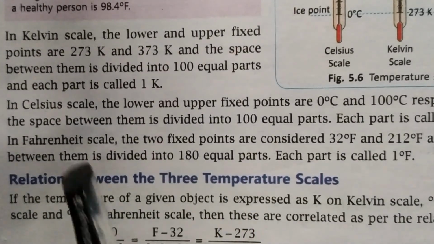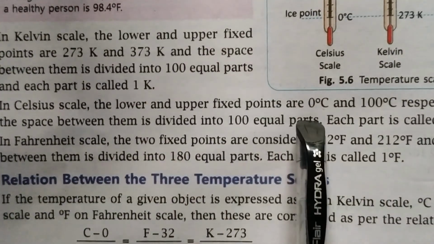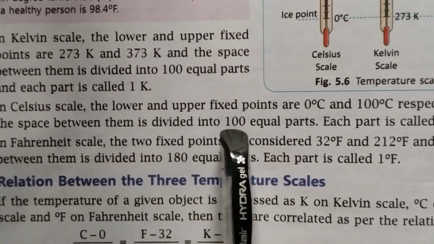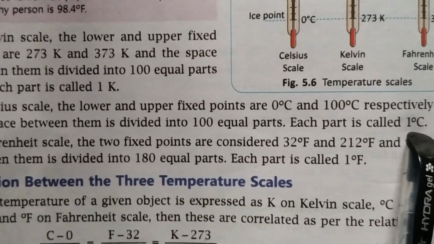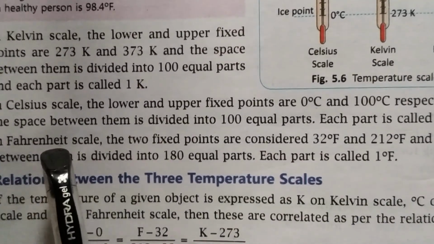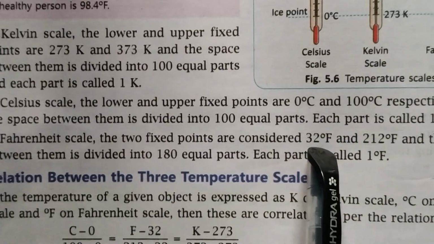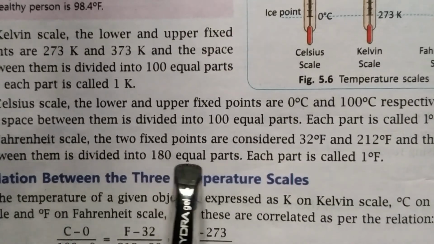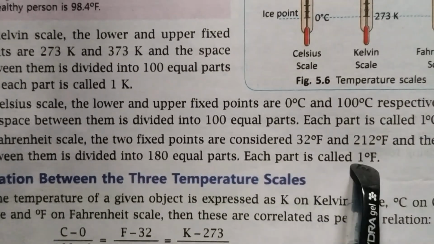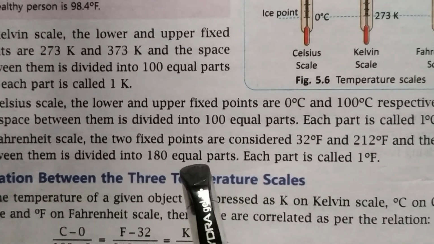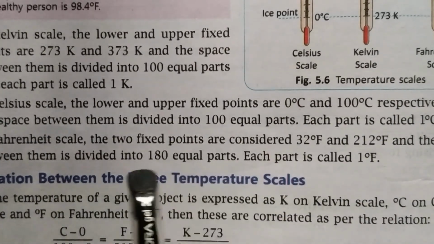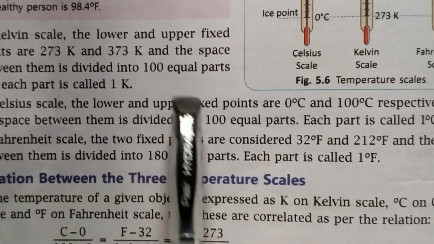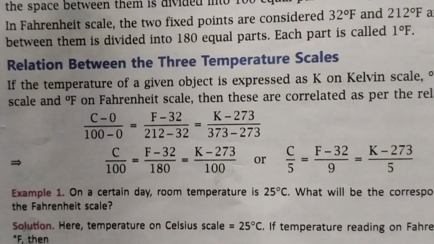In the Celsius scale, the lower and upper fixed points are 0 and 100 degrees respectively, and the space between them is divided into 100 equal parts, each called 1 degree Celsius. In the Fahrenheit scale, the fixed points are 32 and 212, so the space between them is divided into 180 equal parts, and each part is called 1 degree Fahrenheit. So what difference have you seen? In Fahrenheit it is divided into 180 equal parts, and in Kelvin and Celsius into 100 equal parts. Keep this in mind.